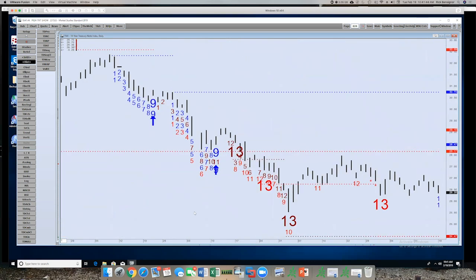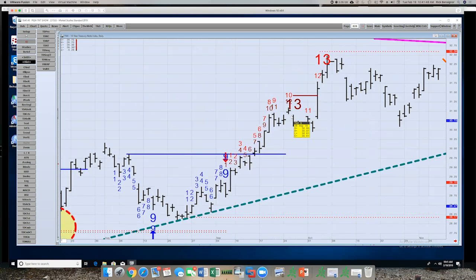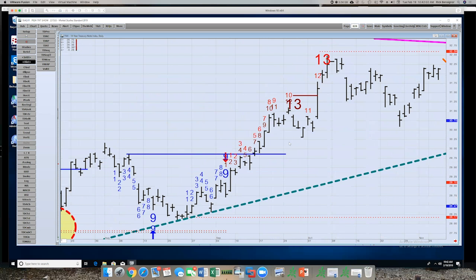an aggressive sequential count simply compares the close versus the close 2 bars back, not the close versus the high, the close versus the close. In other words, it's more lax, it's more aggressive. You're going to get your signals often faster, and you can see this 13 here that I'm circling with my mouse came in faster than the traditional sequential 13.